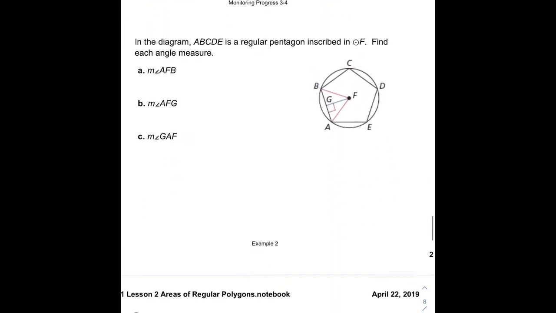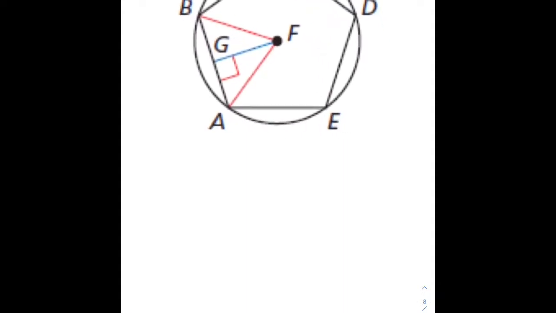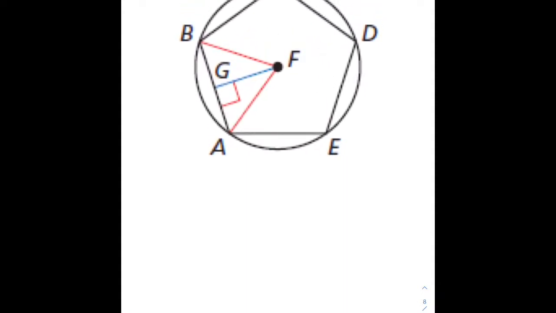In the next problem, they want us to find some angle measurements. In the diagram, ABCD is a regular pentagon inscribed in circle F. Find each angle measure. Remember how we had this pentagon. F is the center. If I draw radii from F to B and F to A, I have to find this angle first.